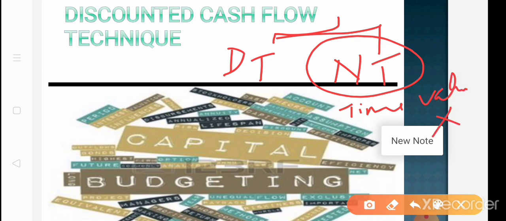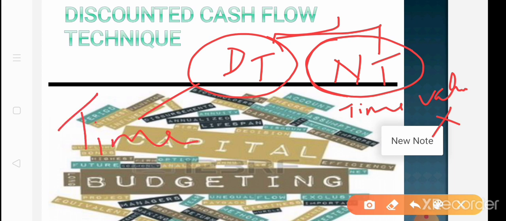You know that a rupee today is more valuable than tomorrow. So, under non-discounted technique, we are not considering the time value of money. But in case of discounted technique, we are considering the time value of money. That is why it's called modern technique.